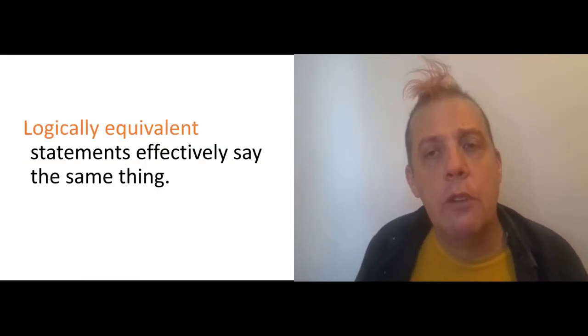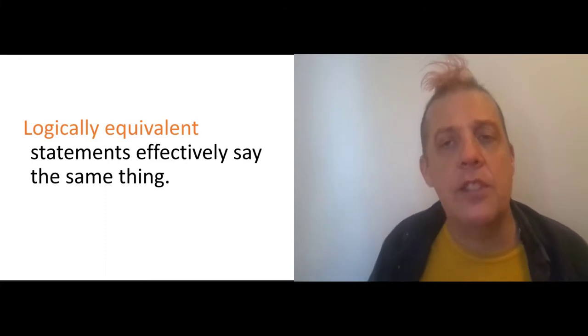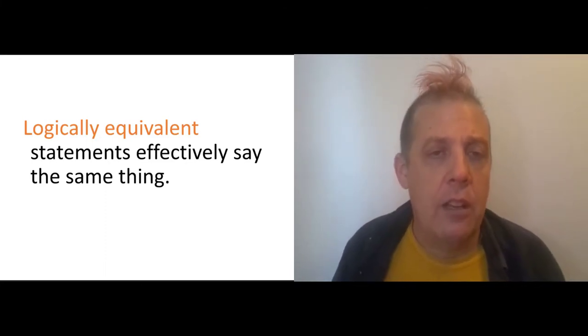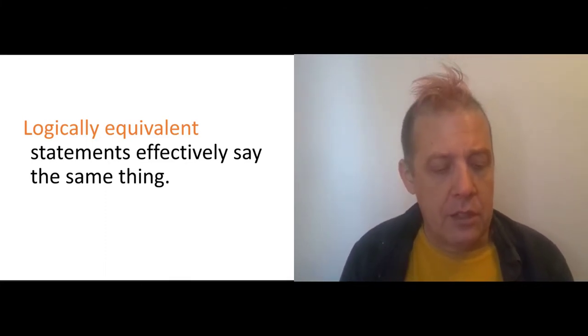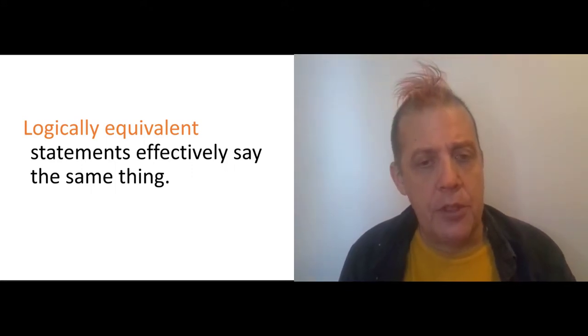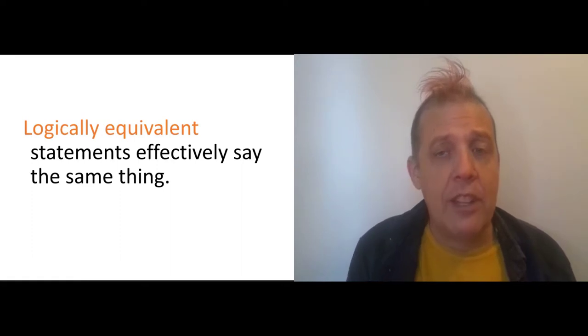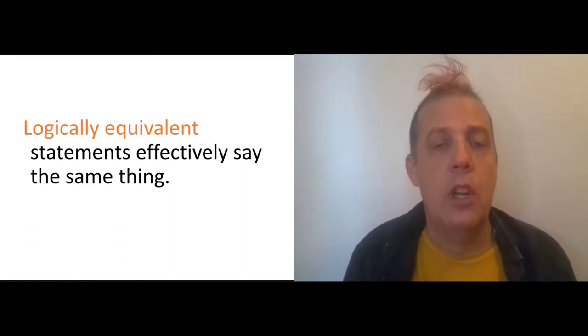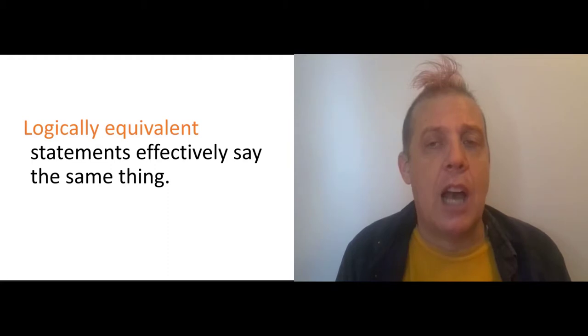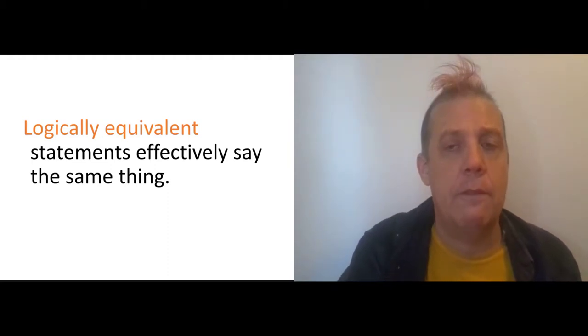So logically equivalent sentences effectively say the same thing, right? And when we're doing truth tables, saying the same thing means always having the same truth value. That is, always having the same column under the main connective.